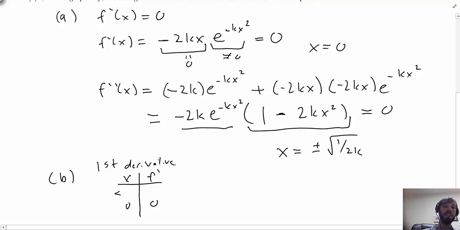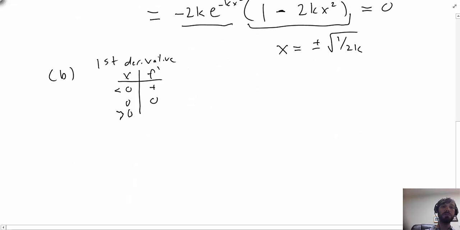When x is less than 0, if I go back up to my expression for f double prime and plug in x less than 0, I get a positive number here. Whereas if x is greater than 0, I would get a negative number. So the picture is that f would be increasing and then decreasing, which means this should be a local max.